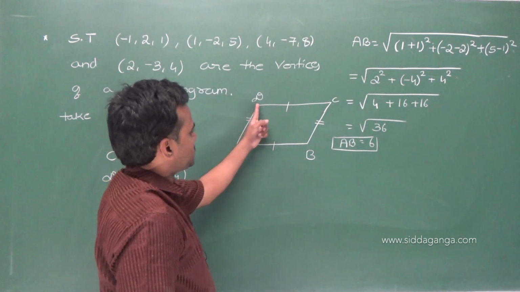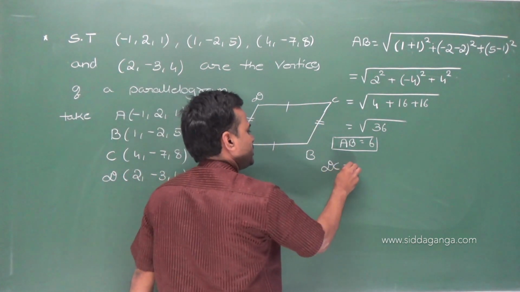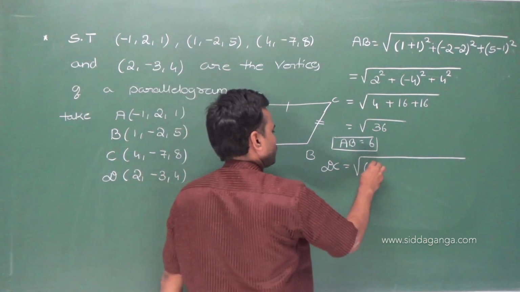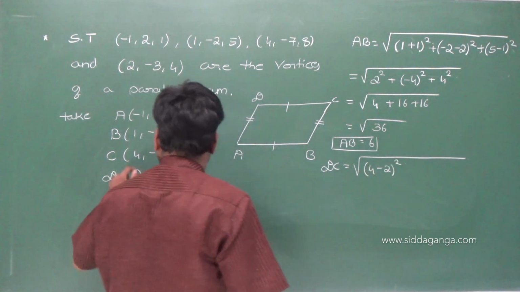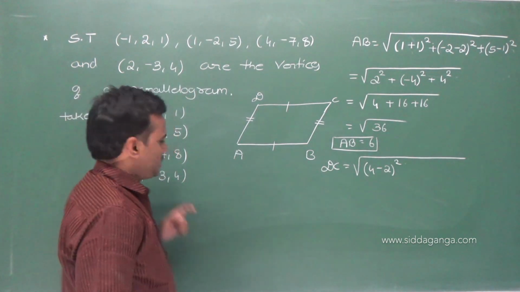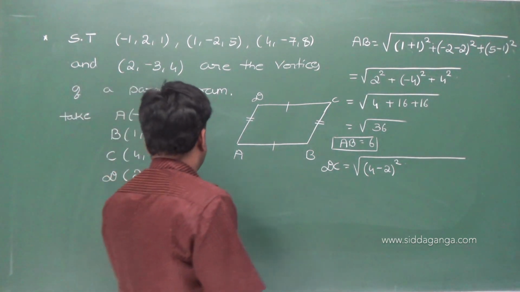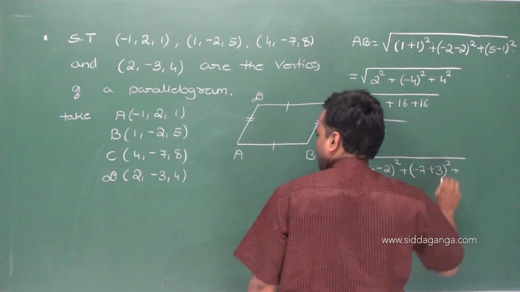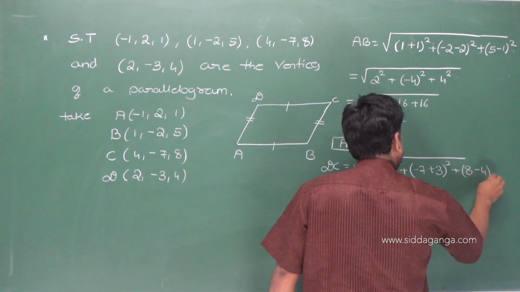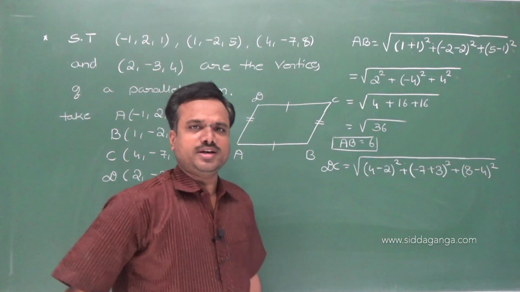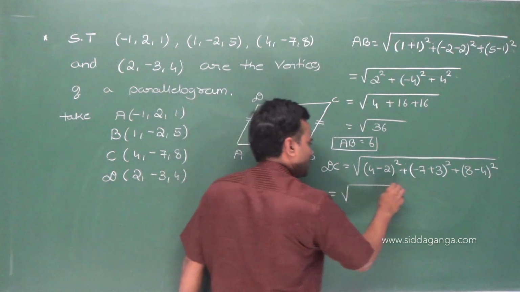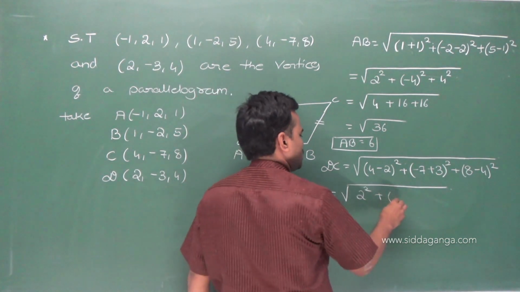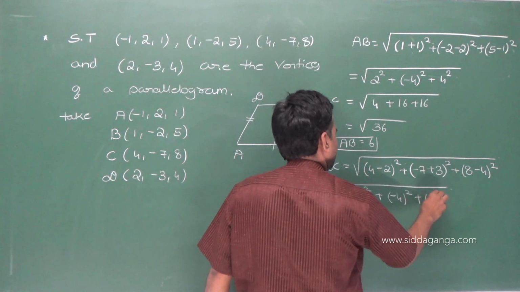Similarly, we find the distance from D to C. The square root of (4 minus 2) whole square, that is x2 minus x1, plus (-7 minus of minus 3) whole square, plus (8 minus 4) whole square, that is z2 minus z1. 4 minus 2 is 2 square, plus (-7 plus 3) is -4 whole square, plus (8 minus 4) is 4 square.